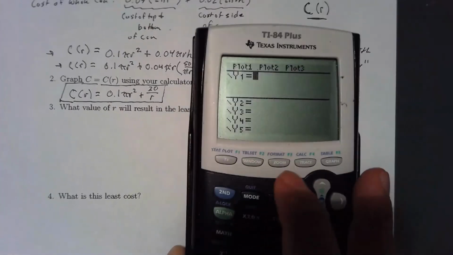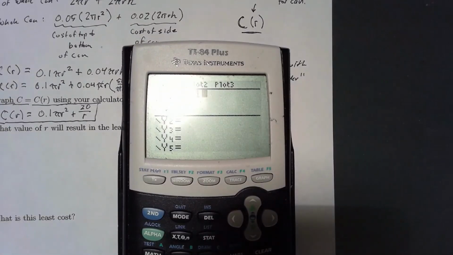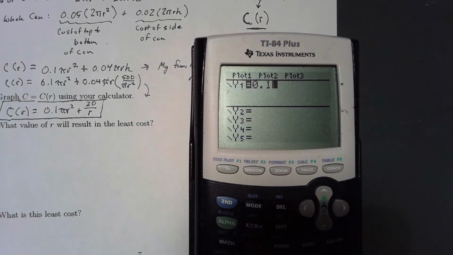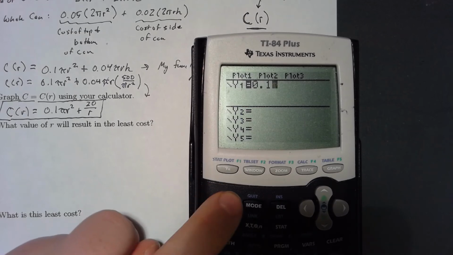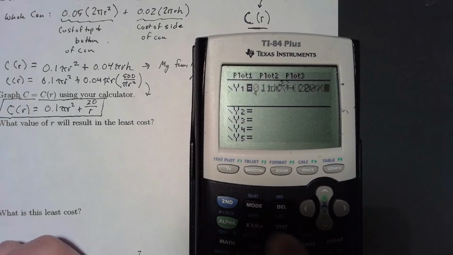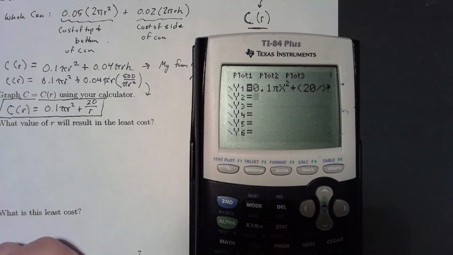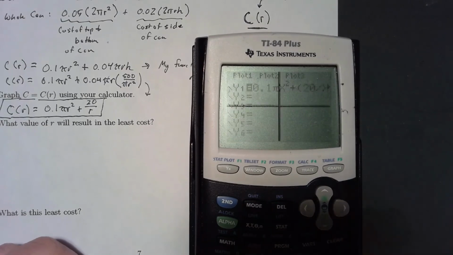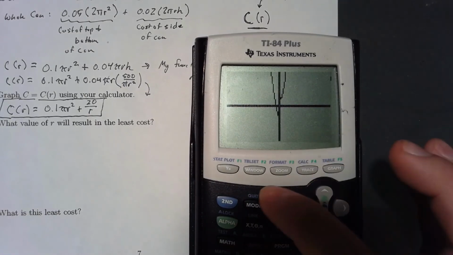Okay, let's graph it. So 0.1 pi is right there. So pi x squared plus the fraction 20 divided by x. Graph it. I may have to adjust that.